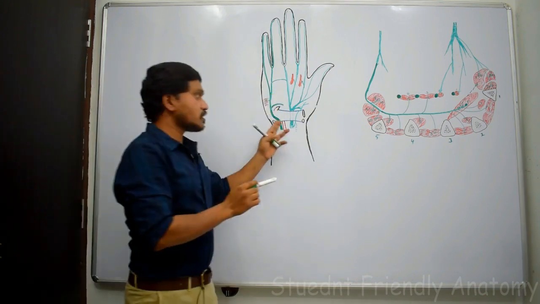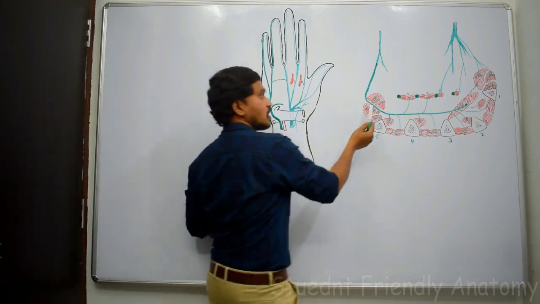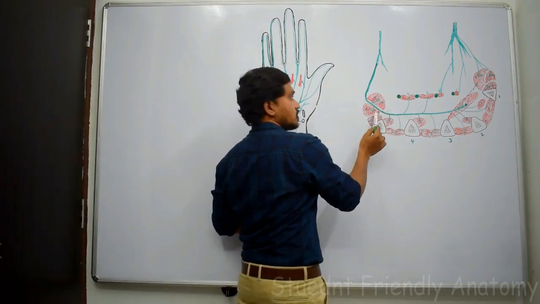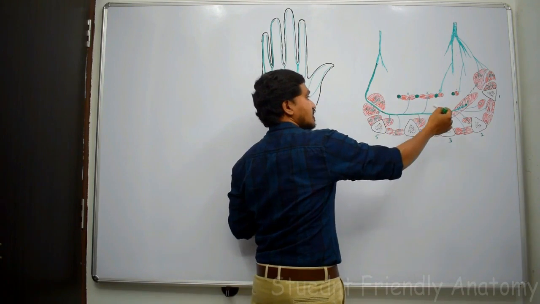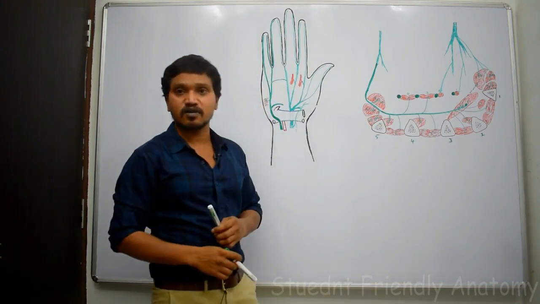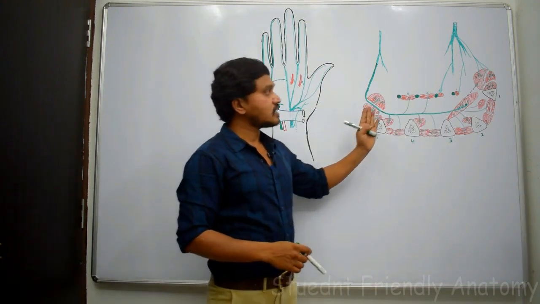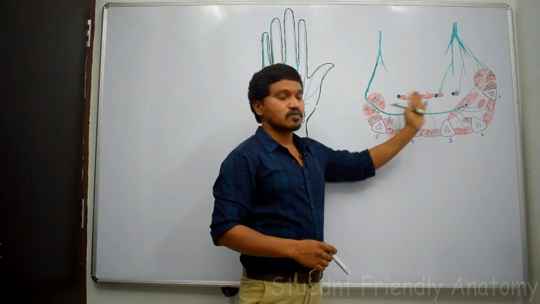Then the deep branch. The deep branch passes deep, in between the flexor digiti minimi and abductor digiti minimi. Then it pierces the opponens digiti minimi and lies between the fifth metacarpal bone and opponens digiti minimi. Then it turns laterally, passes within the concavity of the deep palmar arch and terminates after supplying the adductor pollicis.